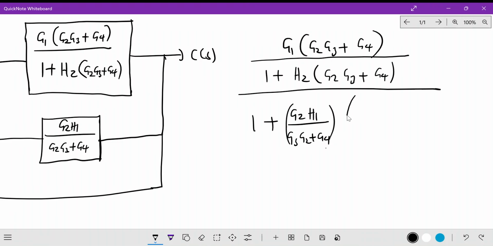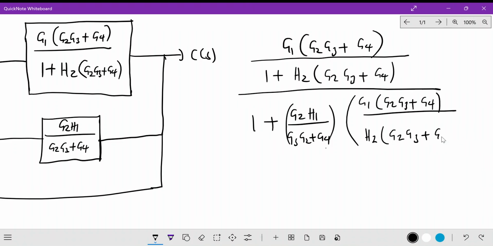You multiply this by the same thing on top: G1 times G2 times (G3 plus G4) divided by H2 times G2 (G3 plus G4). Okay, like that.